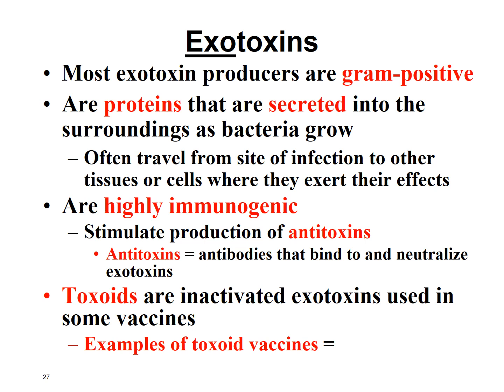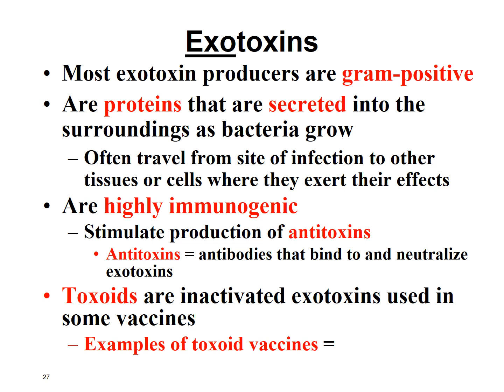So because the immune system really recognizes these, we're able to produce antitoxins. So remember, antitoxins are antibodies that will bind to and neutralize these exotoxins. So for example, we can treat tetanus and botulism by giving the person antitoxins. And that will block those exotoxins that are causing the symptoms from continuing to cause problems.